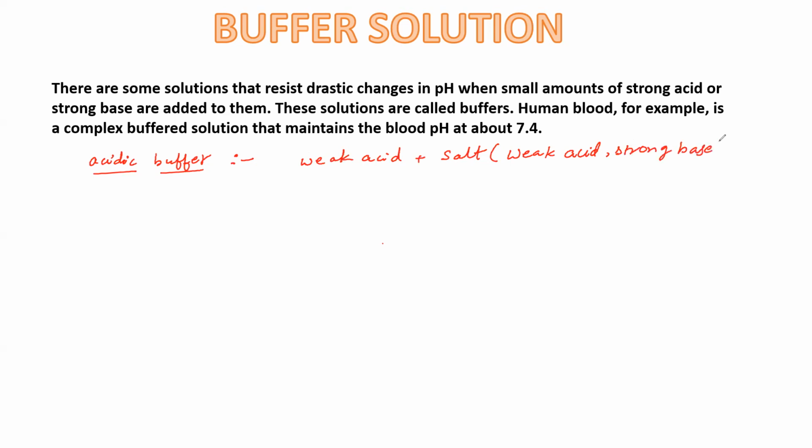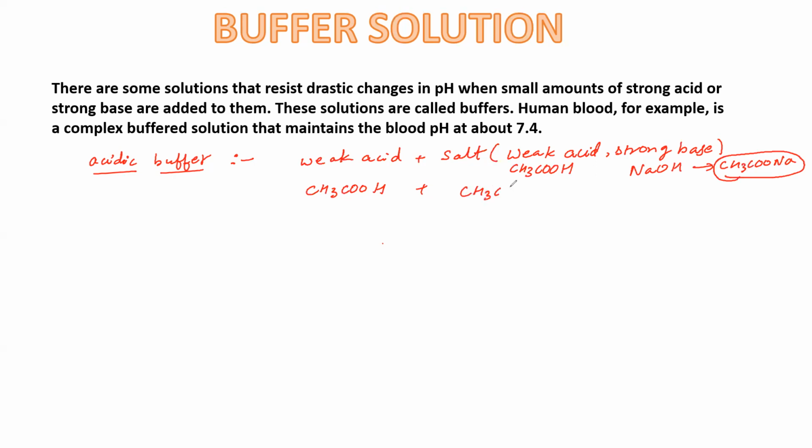Can you think of any salt made up of a weak acid and a strong base? Let us take the weak acid as acetic acid, and the strong base is sodium hydroxide. Which salt will they form? They will form sodium acetate, CH3COONa. So this is a salt of a weak acid and a strong base.